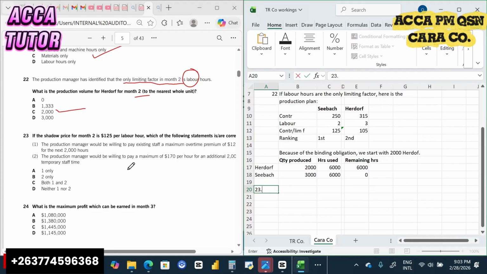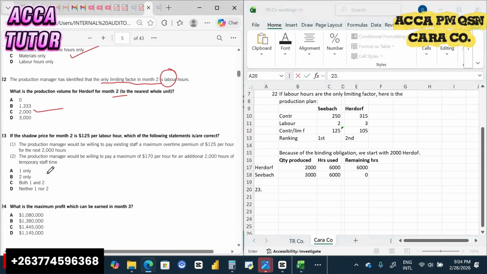Number 23. If the shadow price for month 2 is $125 per labor hour, which of the following statements is or are correct? Number one, okay, what is the shadow price? Is it the price that we charge for an extra unit?